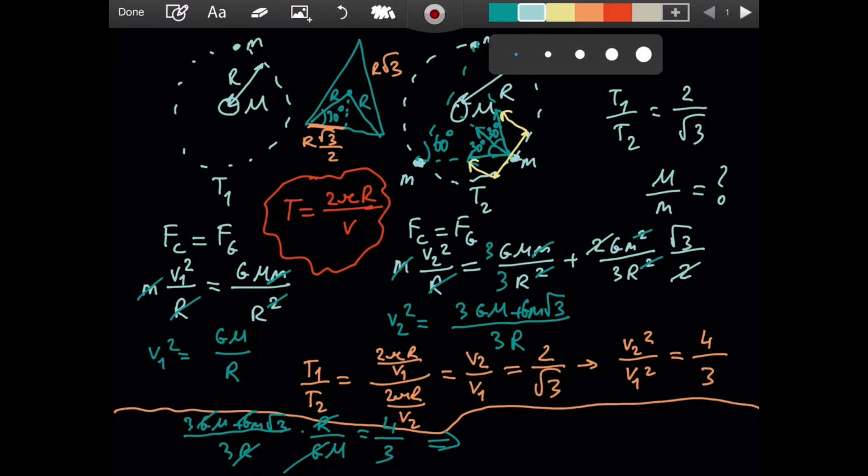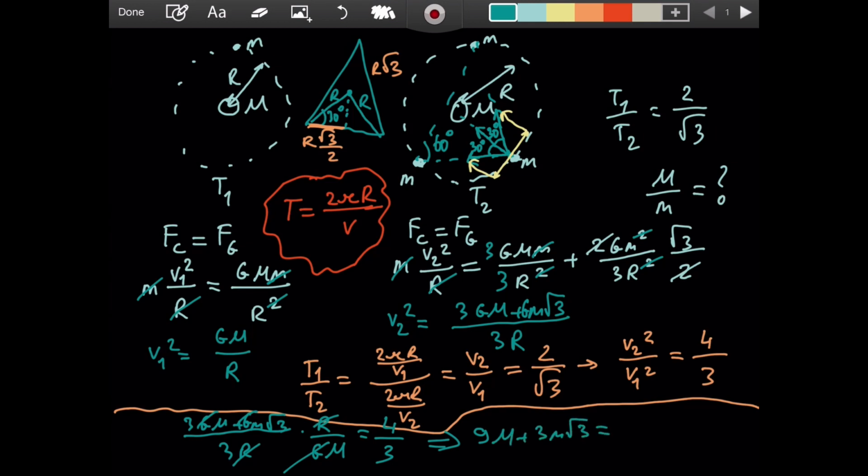So what I'm basically saying is that 9m plus 3m square root of 3 equals 12m, which means we put 9m to the other side, and we have that 3 capital M is equal to this. We can divide by 3, can't we? So we have capital M. What were we asked? We were asked the ratio of capital M to little m. So by dividing through by little m, it is just going to be the square root of 3. And this is capital M.